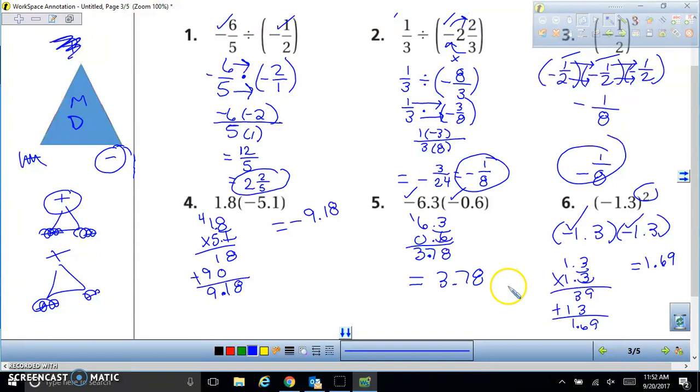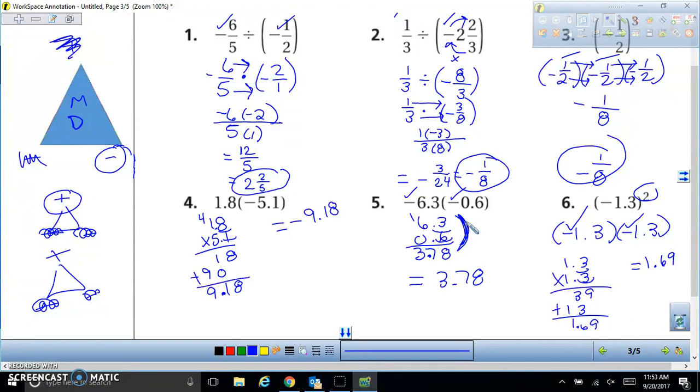Okay, everybody looking at my screen right now. I should see this work put on your paper. Okay, I don't want to see the answer is blank. When I go to check, you're on your own. I should see that you went through, changed the mixed number to an improper fraction. I should see that you are looking and multiplying across. I should see this long multiplication involved for those decimals, okay? Do not forget how to do this properly.